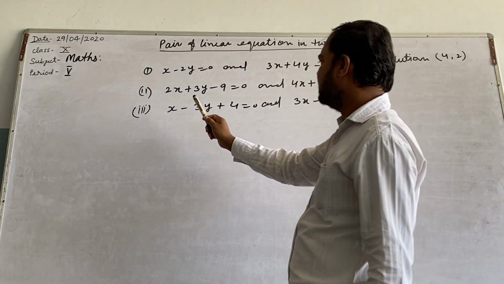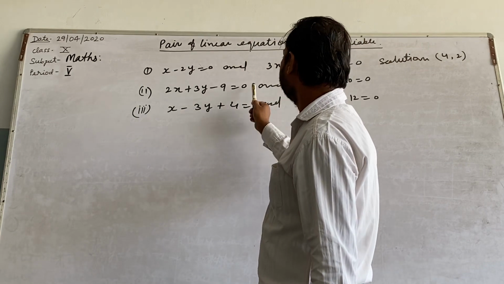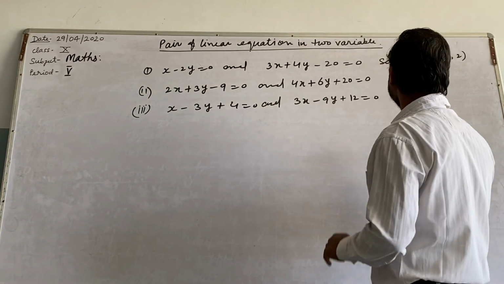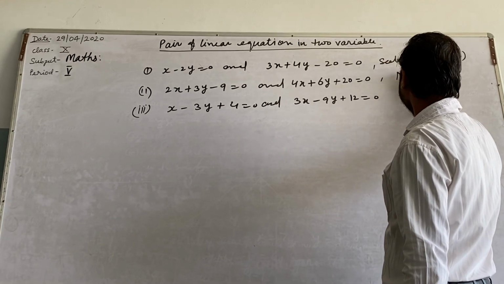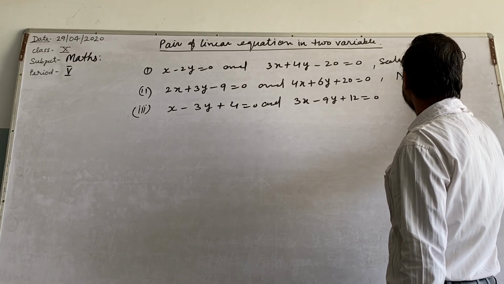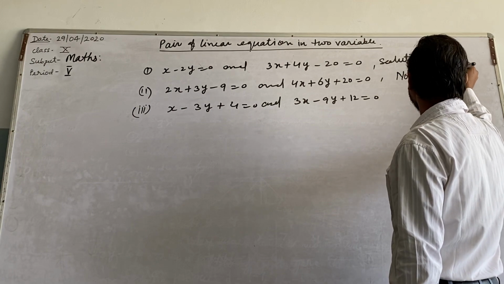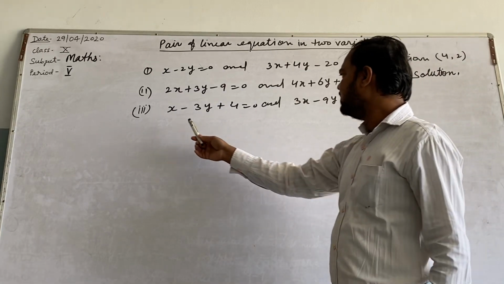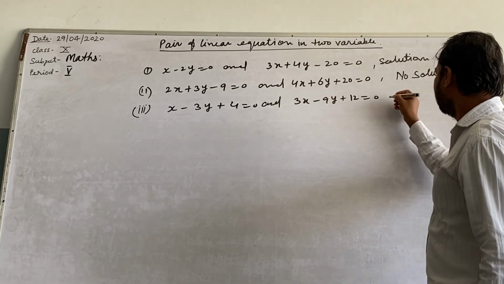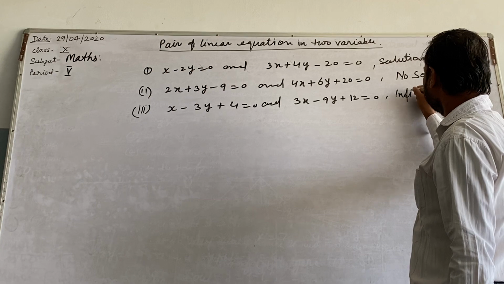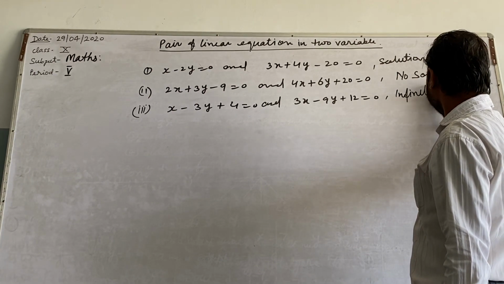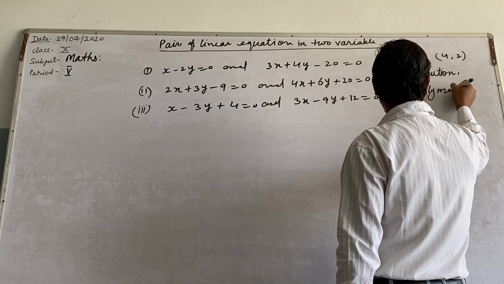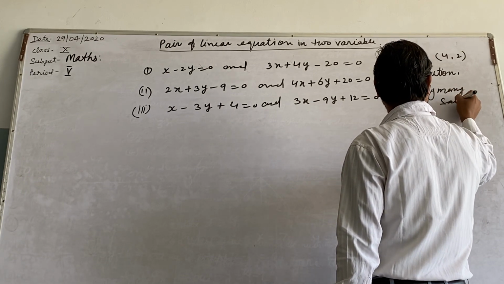Now, in the second case, we find that it has no solution. If you try to find the solution, you will find no solution. But in the case of the third, you will find infinitely many solutions.